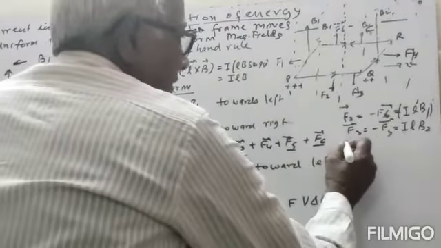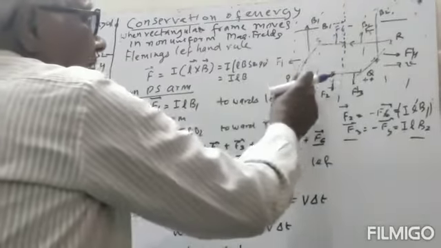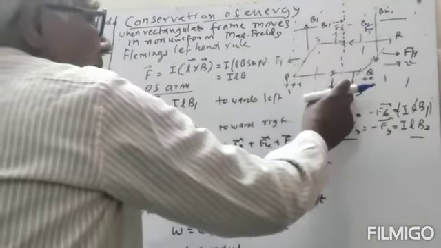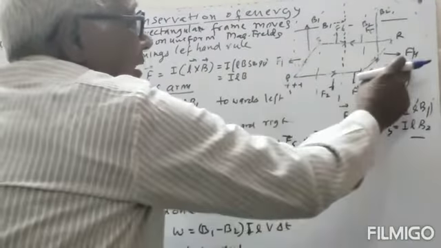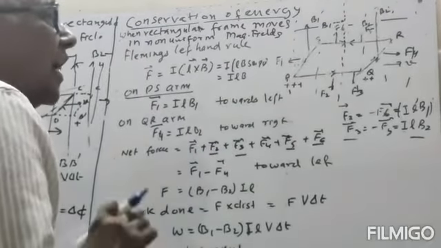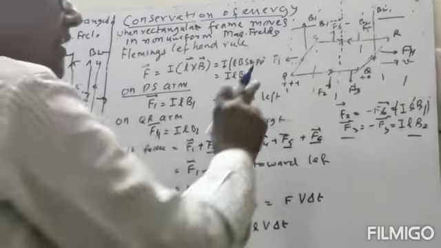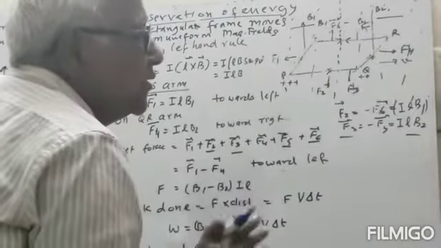These forces are in opposite directions, so net force will be zero, as this force will be cancelled by this force. But the forces F1 and F4 will not be cancelled by each other because they are of unequal magnitude. Although the direction is opposite, the magnitude is not the same.